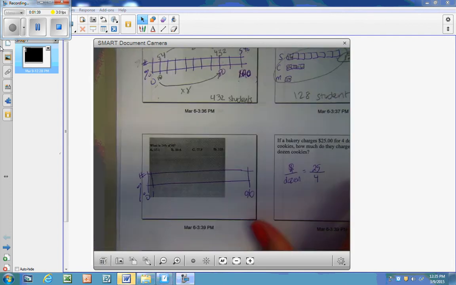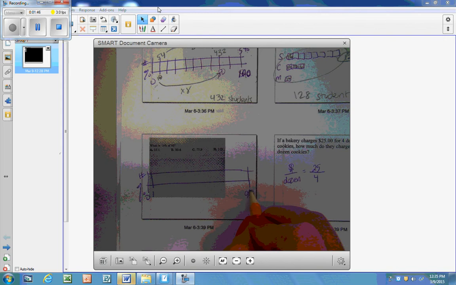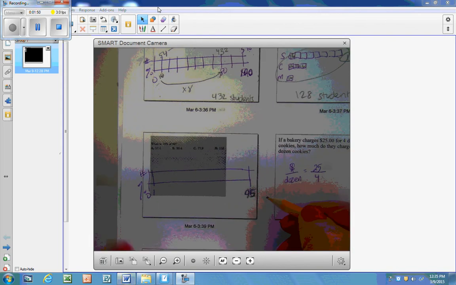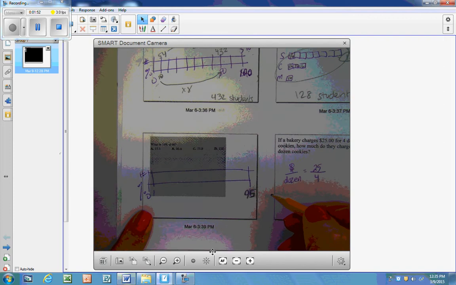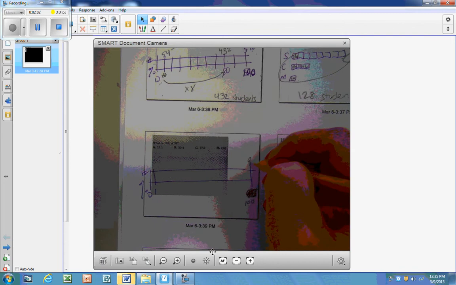All right, the next question is what is 18% of 95? I have 95 here. So 18% of 95. So I want to find the 1%, because if I find the 1%, I can find anything. So actually, I should have my 100% at the bottom and the 95 at the top.